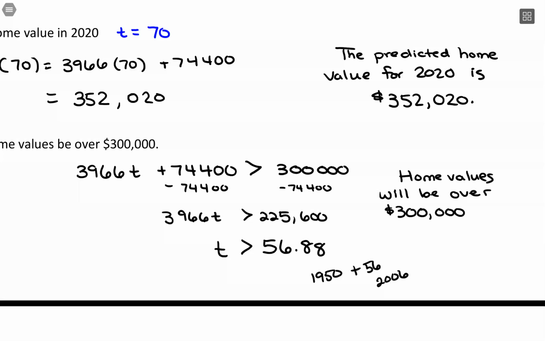So what we could say is like after 2006 or starting in 2007. Say between 2006 and 2007. So up to you. Lots of choices for wording there. Let's go with after 2006. But you could have, like, if you rounded that to a whole number, it should round to 57. So if you answer this with 2007, that is absolutely correct too. It just kind of depends on your interpretation.